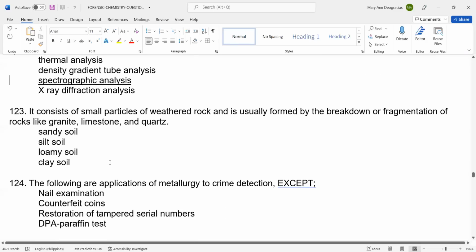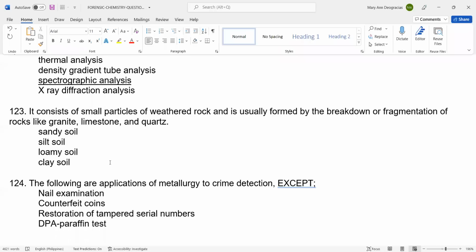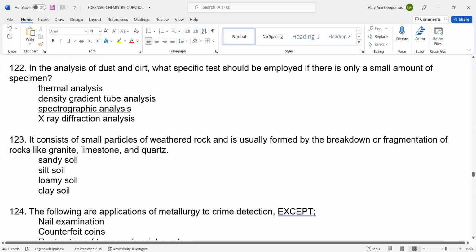Why? Because it will not alter the composition of the soil. X-ray diffraction would expose the sample to UV rays, and we need a very large amount of soil sample for X-ray diffraction. The same goes for density gradient.